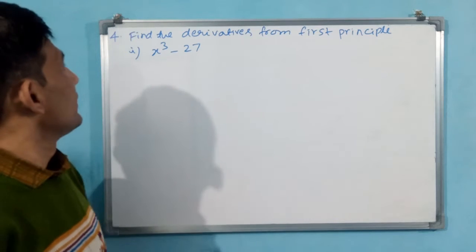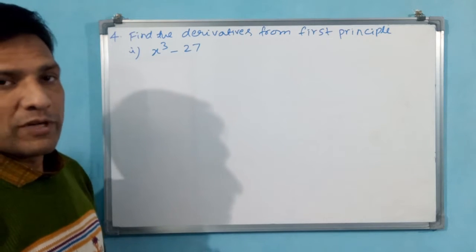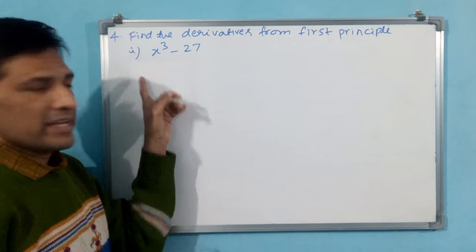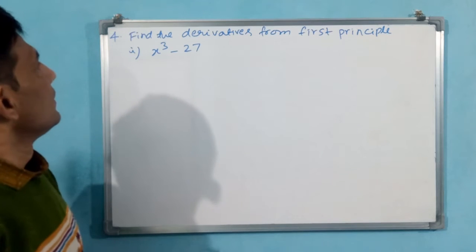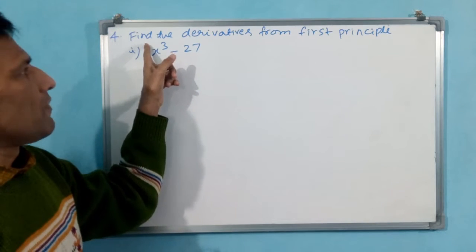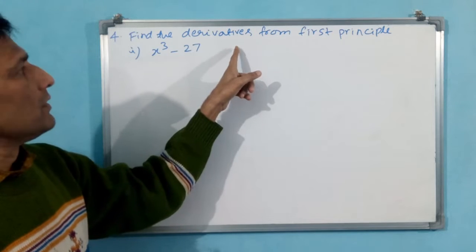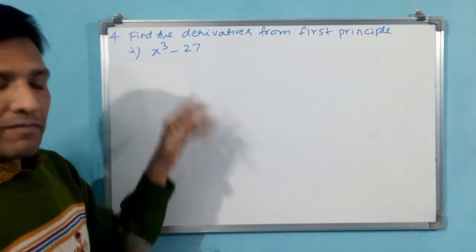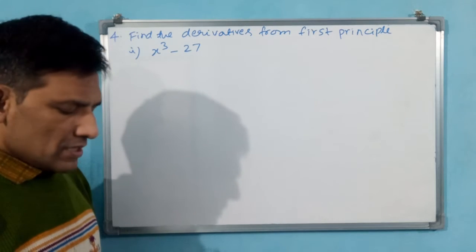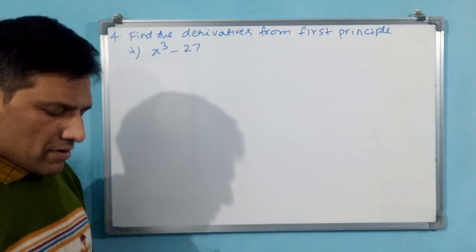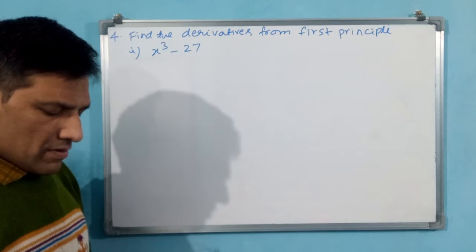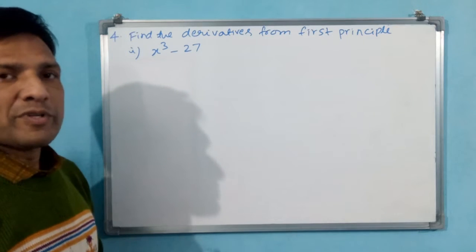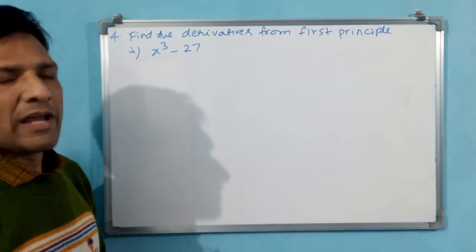Okay, let us go for the fourth question. The fourth question has 4 parts. First part we are taking: find the derivatives from first principle. First principle means, we know, there is no x value substitution.